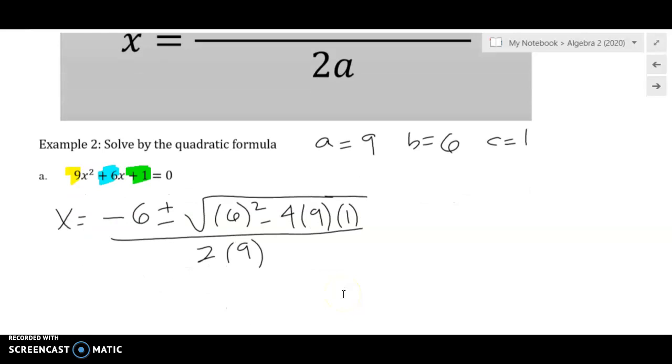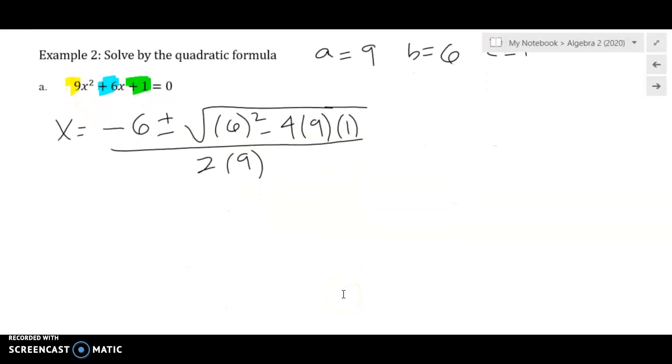So that's all I did right now, I plugged in the information. I'm going to take it piece by piece because this is really a mess, and you might need your calculator or your computer or your cell phone. I'm going to do this yellow part first. So x equals negative 6 plus or minus, and I'm going to figure out the yellow part.